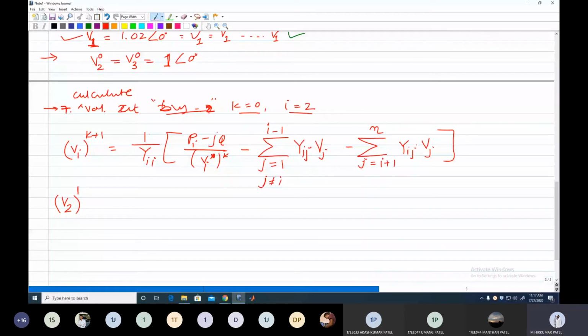V2^(1) equals 1 divided by Y22, which you have already derived in your admittance matrix, times P2 minus jQ2, which you have already calculated in your step number 1, the net active power and net reactive power at bus number 2, divided by V2 star, k equal to 0.